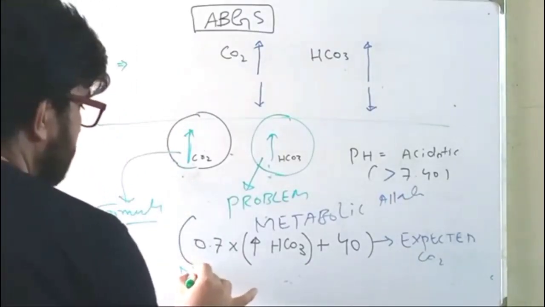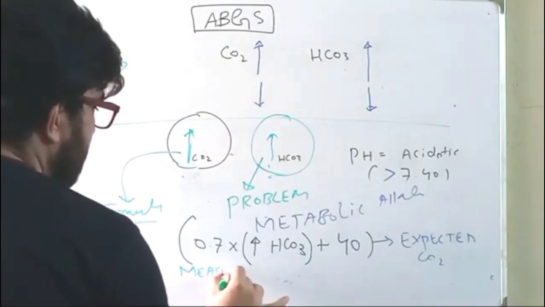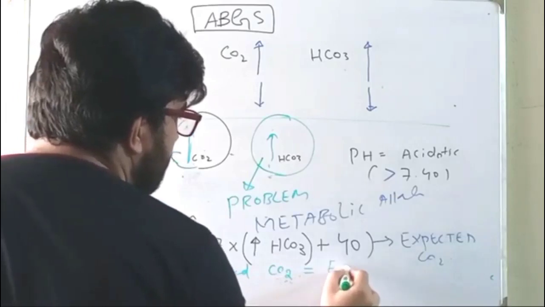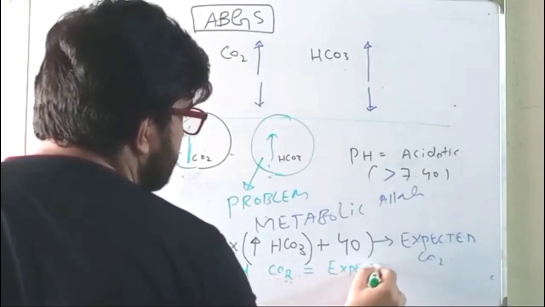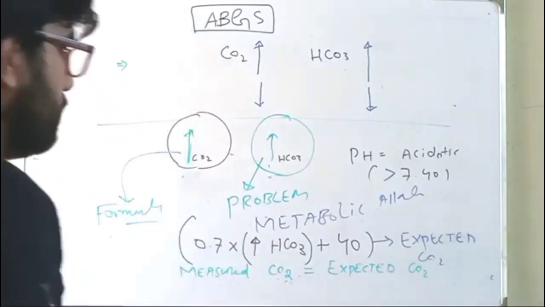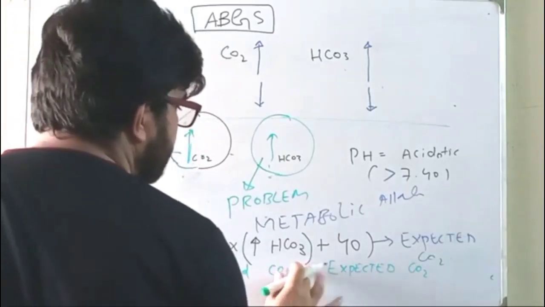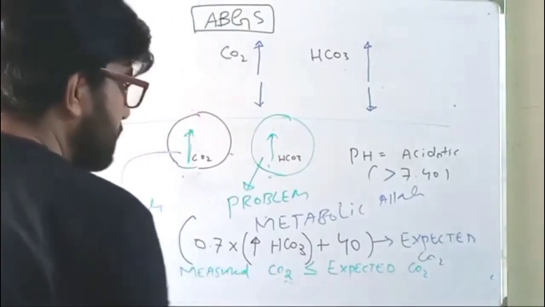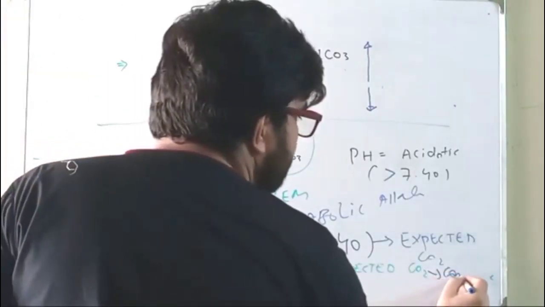Now the measured CO2. If the measured CO2 is equal to or less than expected, this is compensation. The second arrow is the compensation.